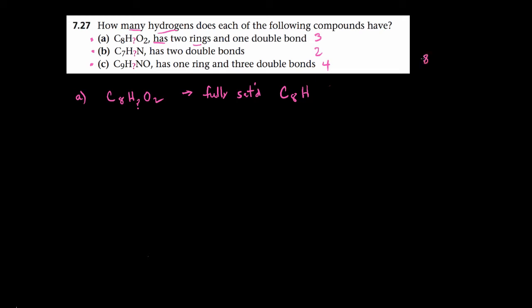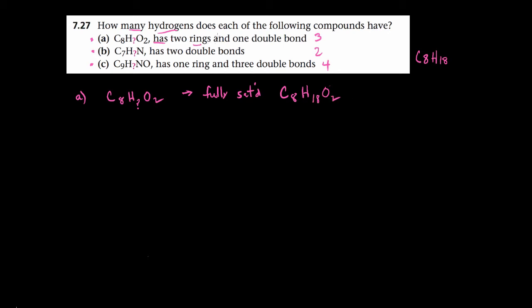So C8, 2n plus 2 would be 18. So the fully saturated version of this molecule would be C8H18O2, because we just ignore the oxygens when we're adjusting the number of hydrogens in the degree of unsaturation calculations. So the fully saturated version of C8 with 2 oxygens is C8H18, 2n plus 2.